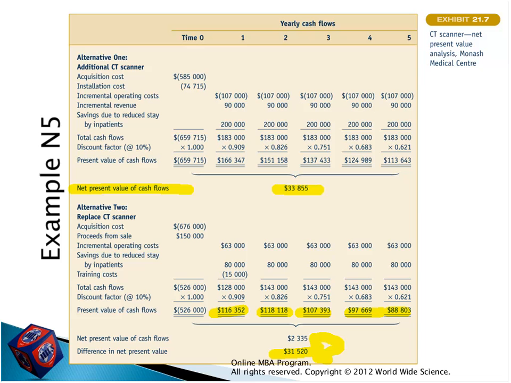We are going to solve the second project of present values. Here is the net present value in the second project: 2,335, right?